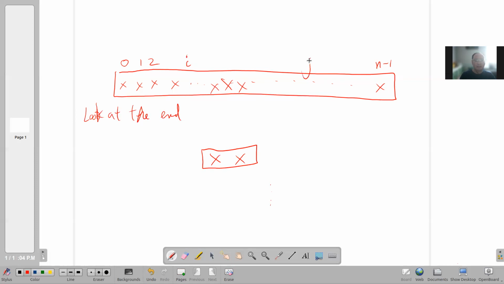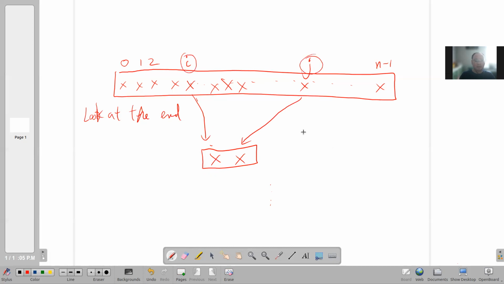Could be any i and j, and in fact, because it's wrapped around, it could even be j and i. I guess the order doesn't matter at the end. So it could be that this comes from here and that comes from here. We don't know which one, but we just know that they come from somewhere.